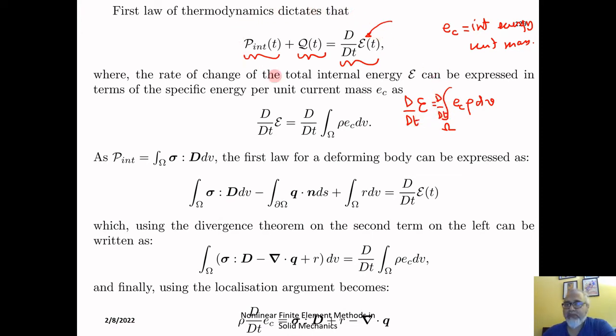That is the rate form of the first law of thermodynamics. So this side is d/dt of rho EC dV.